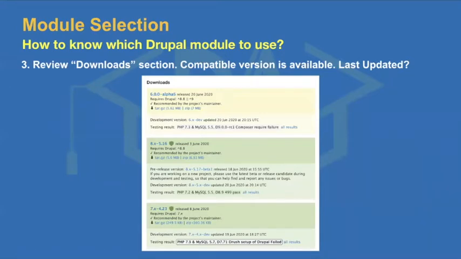The next section on the module page to look at is the downloads. What versions of the module are available? So we have an alpha version that's actually just released, June 20th, 2020, and it requires Drupal 8.8 or Drupal 9. I need this, like for my example, I need this to be on production.